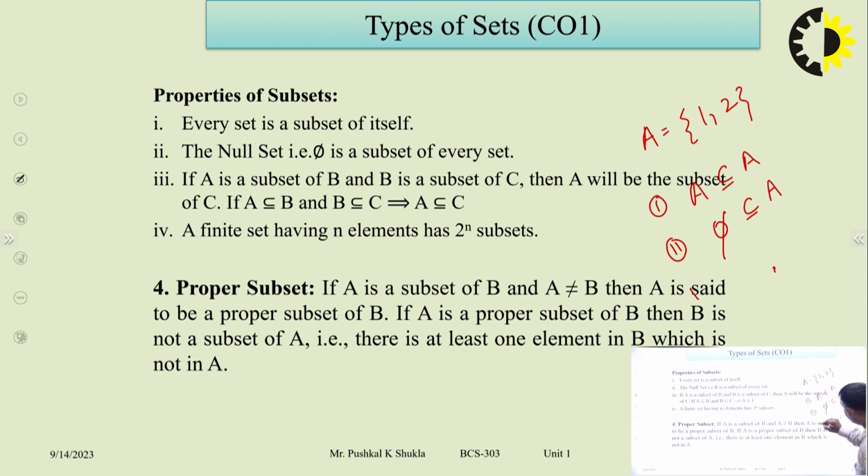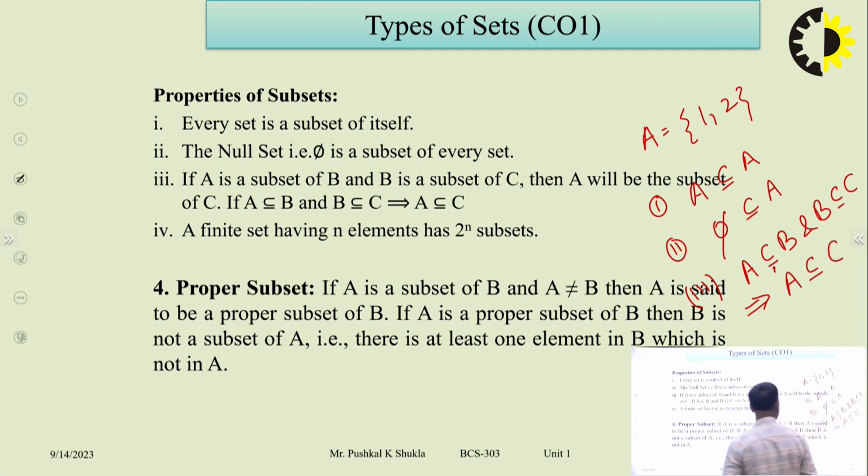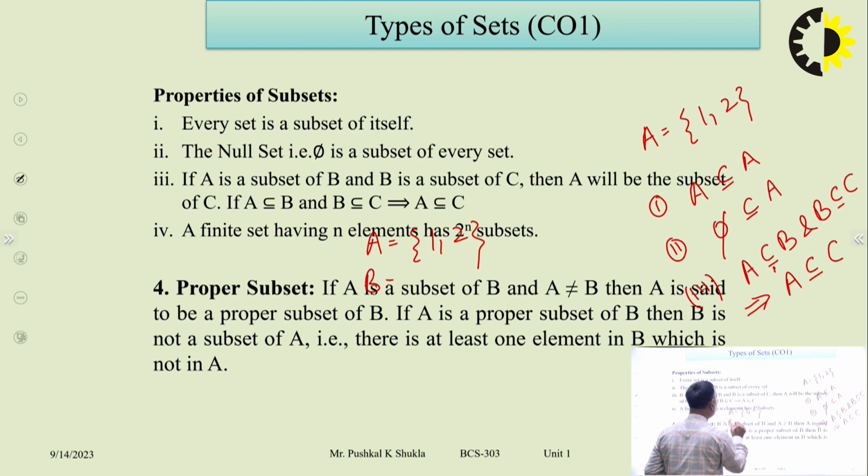Third property is, let A, B and C be three sets and A is a subset of B and B is a subset of C. So we can conclude this implies A is a subset of C. For example, A equal to 1 and 2, this is a set, and B equal to 1, 2, 3 and C equal to 1, 2, 3 and 4.